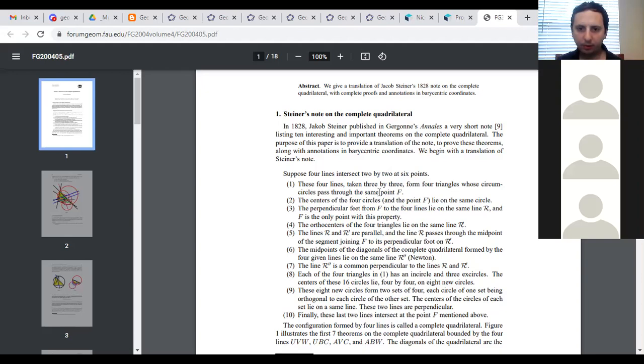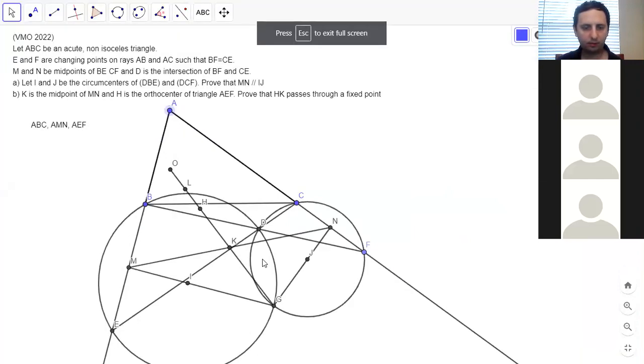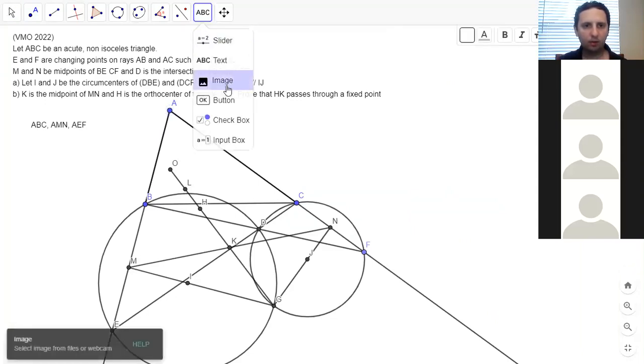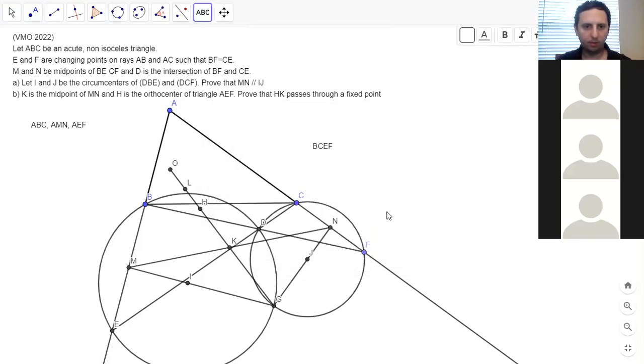So it's taken 3 by 3. Okay, so basically this is saying if we take BCEF, so we would have ABC as one of them, and AEF would be another one.